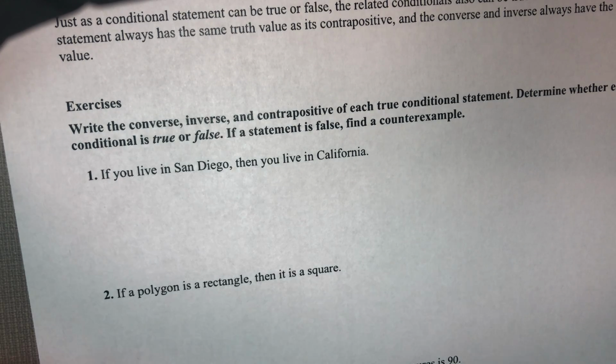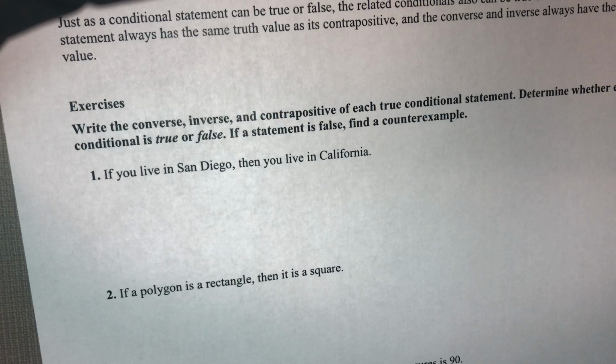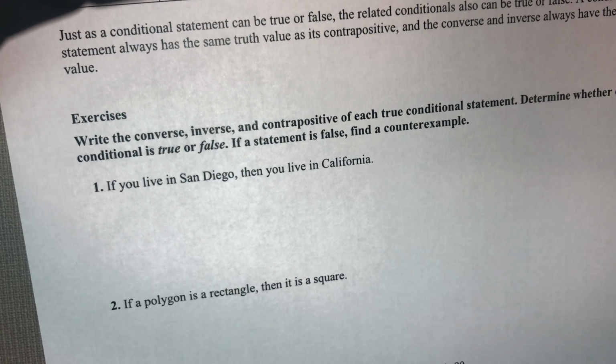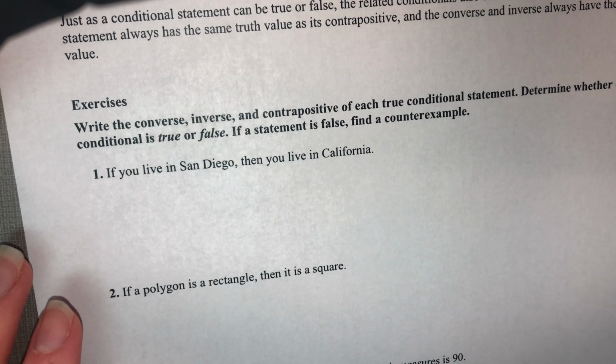So that's why we're learning how to form these different statements and then consider whether or not they would be considered true or false. So on these three examples that we have, we're going to do quite a bit of writing. So if you need another sheet of paper to work on your notes, you may want to just grab some blank lined paper.